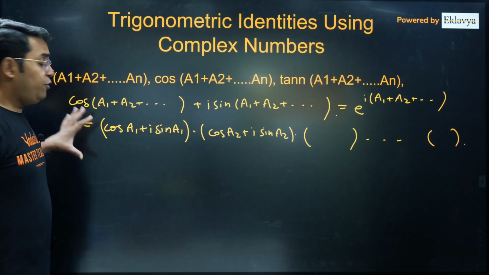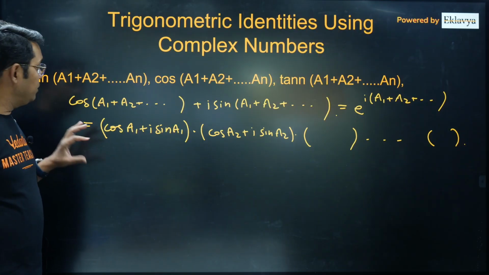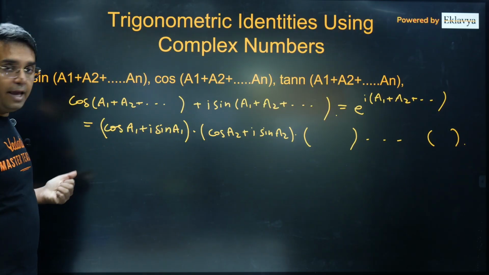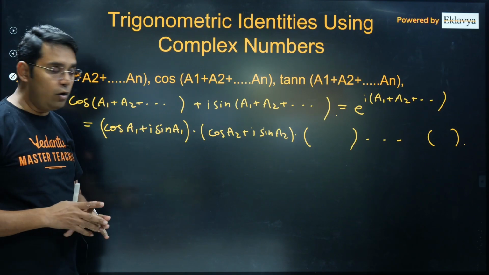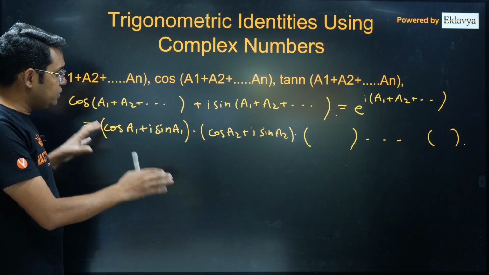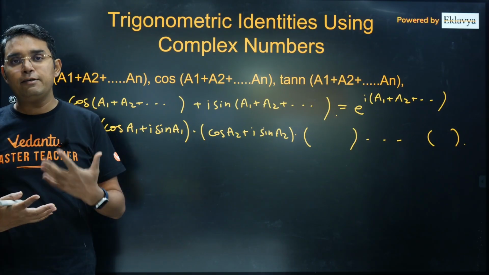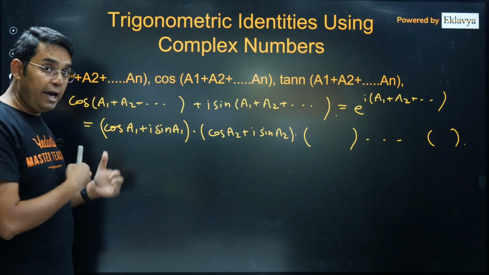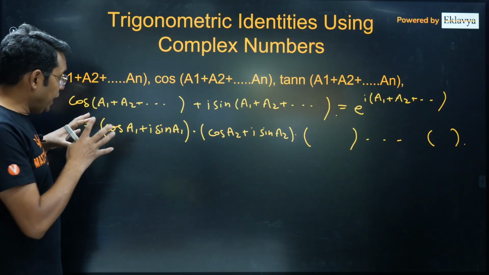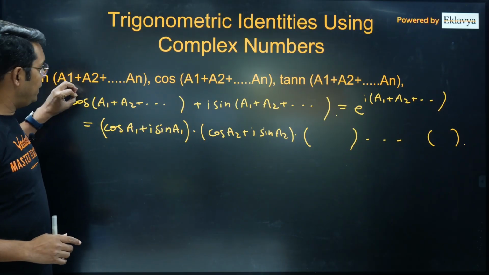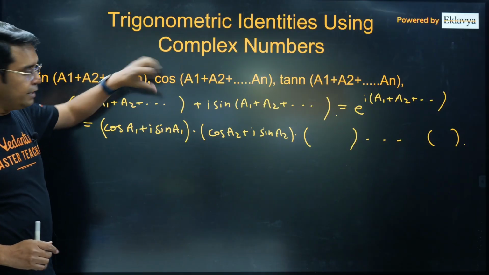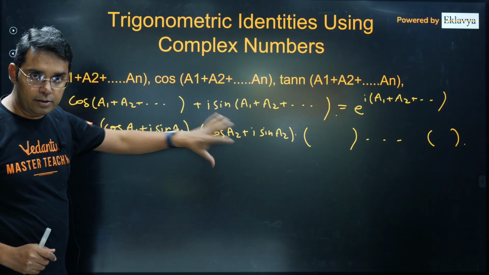Now if you have to write it in general for any n, I will say not difficult, but writing it explicitly will be difficult. Try to understand the pattern. For the real part, that is cos of A1 plus A2 plus A3, you will need all the real parts here.